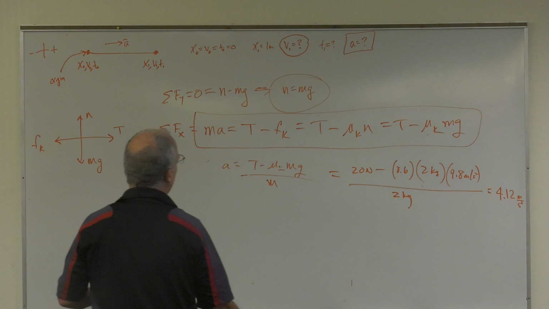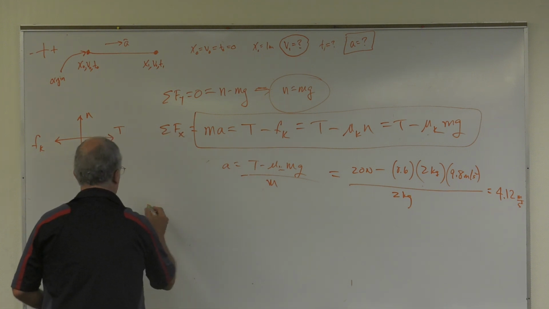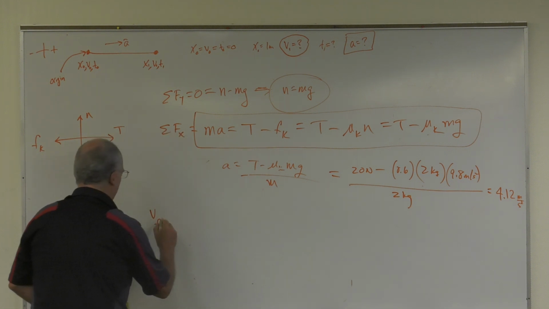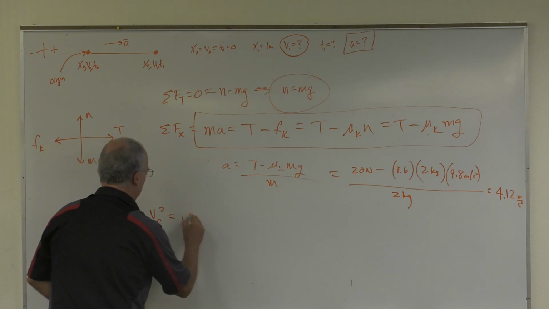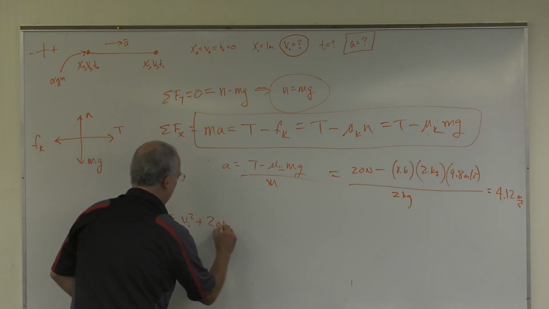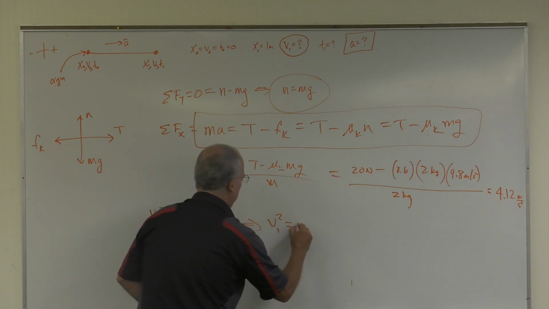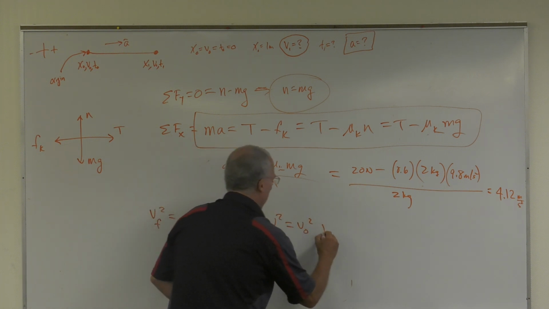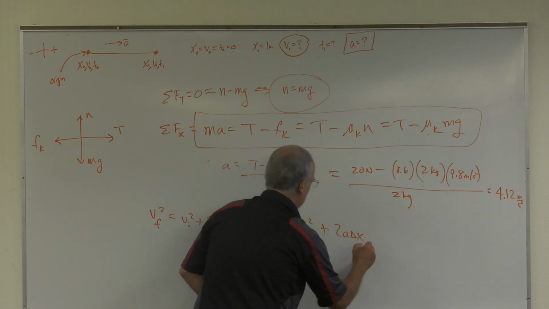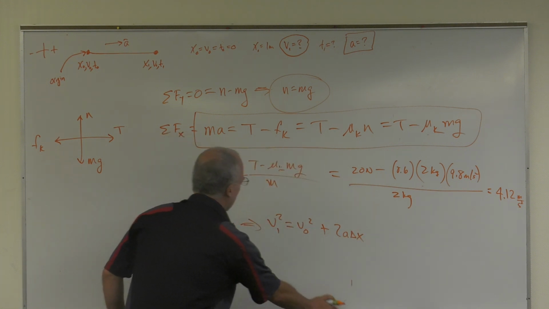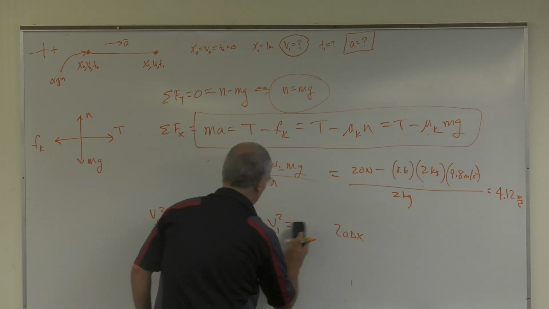All right, so now we're going to do our kinematics. V final squared equals V initial squared plus 2a delta x. Therefore, V1 squared equals V0 squared plus 2a delta x. V0 is 0, goodbye. Take the square root.